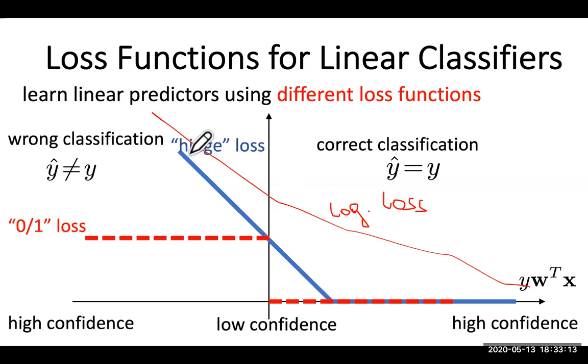So maybe some of you have heard about convexity. It's a convex function, which is nice. We can easily minimize such functions, but as pointed out by one of you now, it has a corner here, where it's not differentiable.